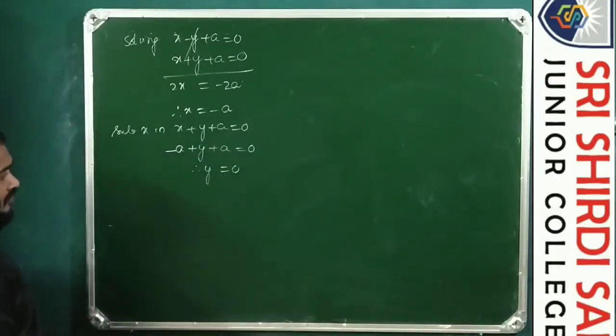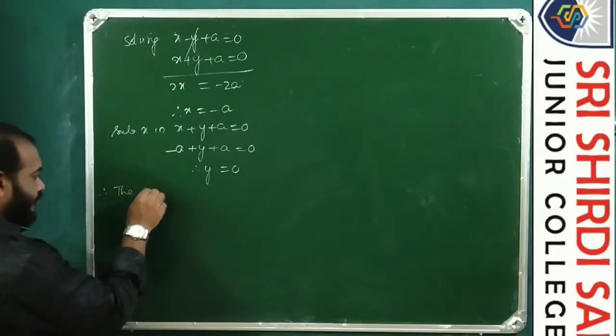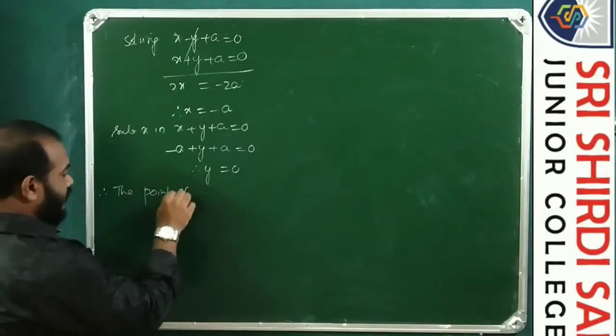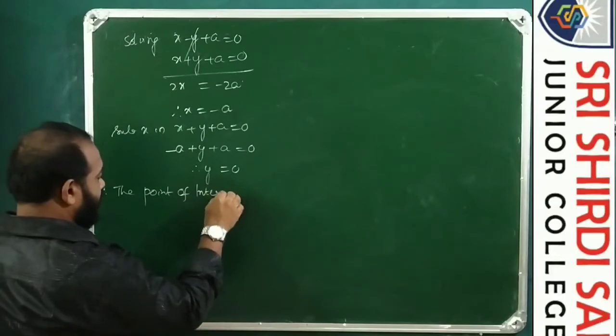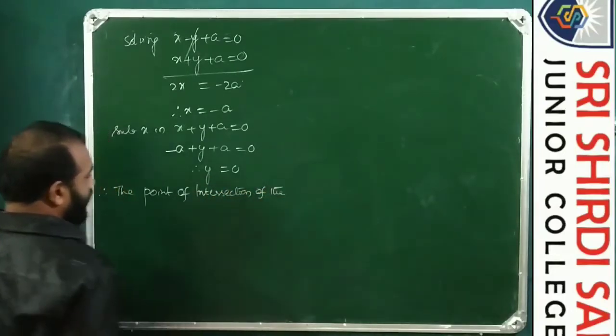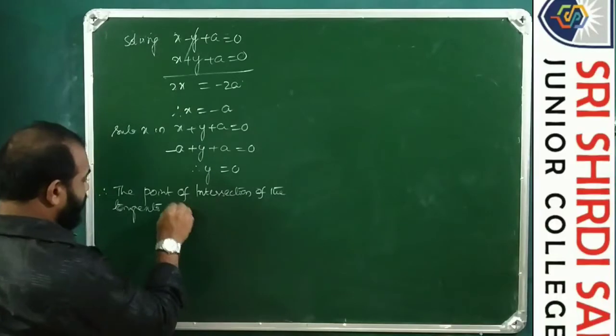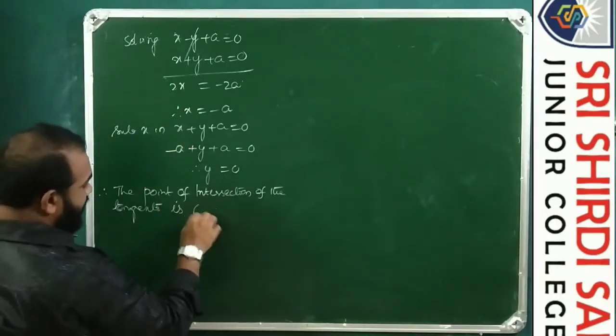Therefore, the point of intersection of the tangents is minus a comma 0.